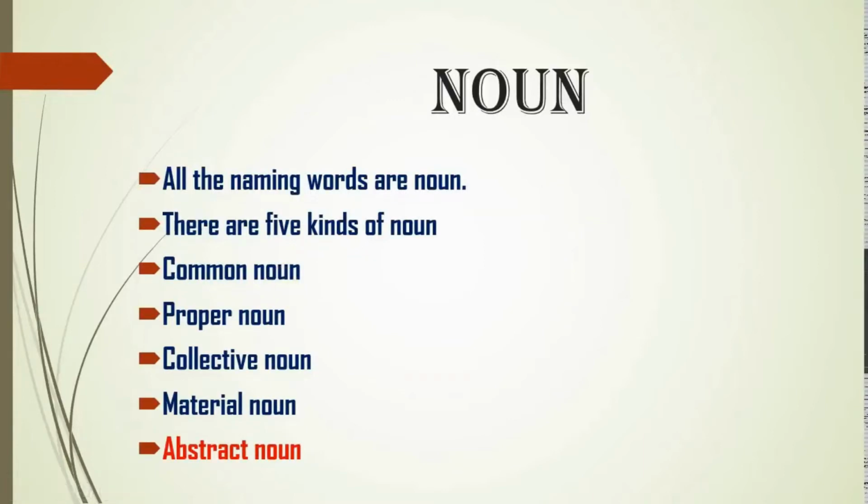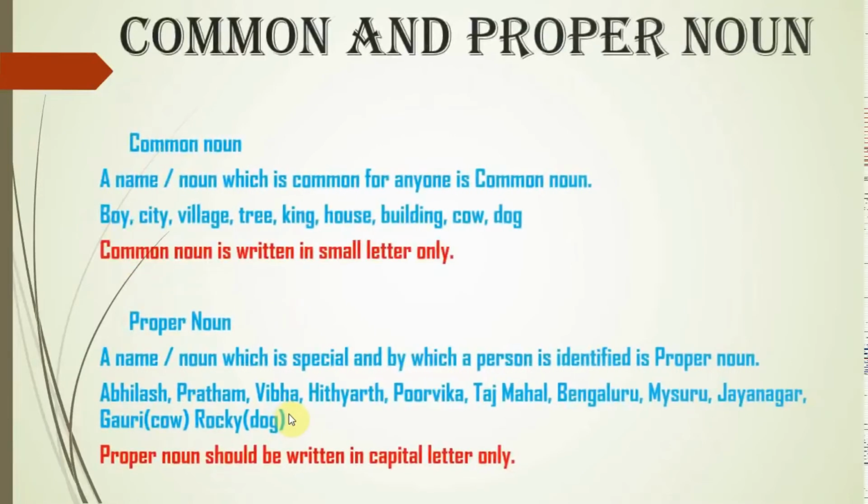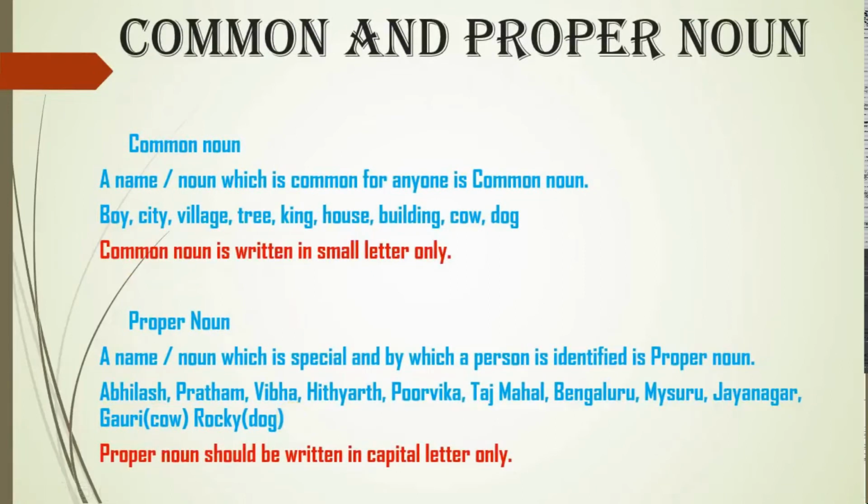Concrete noun means the one which we can see, touch, feel, and sense. Whereas abstract noun cannot be seen, touched, or felt. It can only be visualized, or you can make a mental picture of it.